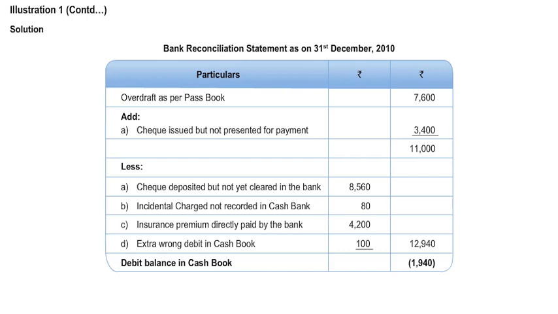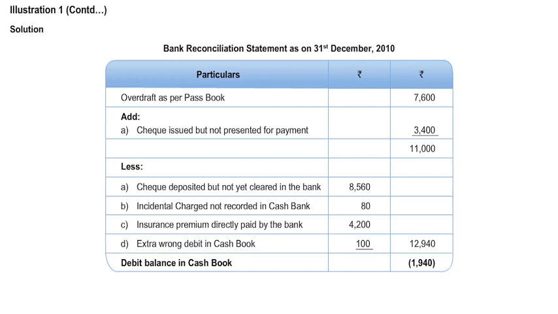That means by 100 rupees, he has shown reduced overdraft in the cash book because he has shown a higher deposit. That means the overdraft is lower by 100 rupees in the cash book. But this error was not there in the passbook; it was shown correctly. So as compared to the passbook, our overdraft balance in the cash book will be lower by 100. That is why you will deduct 100 rupees, extra wrong debit in cash book.